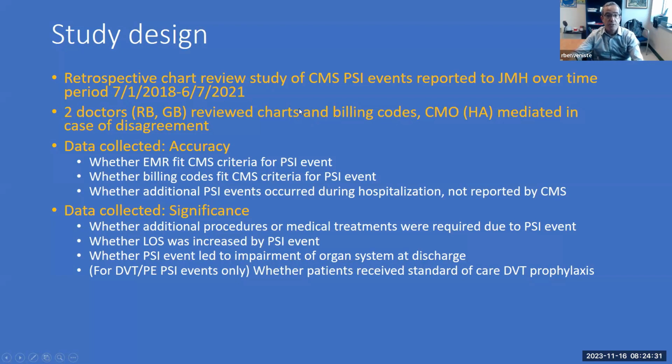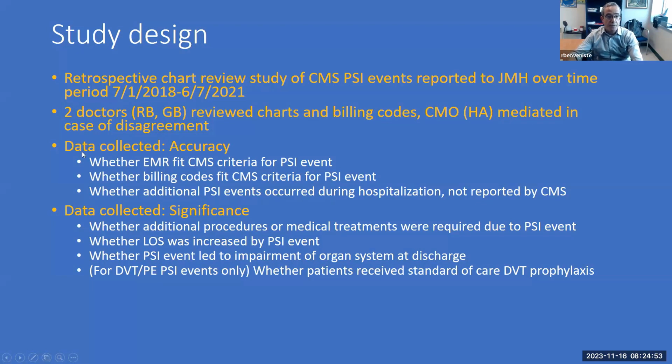Were they significant? Greg and I would then meet to see what we agreed on and what we disagreed on. If we couldn't reach an agreement, Dr. Atala, our CMO, who's also very interested in this work, was the deciding vote on who was right. I think Greg was right more often than I was in the few cases in which we disagreed.